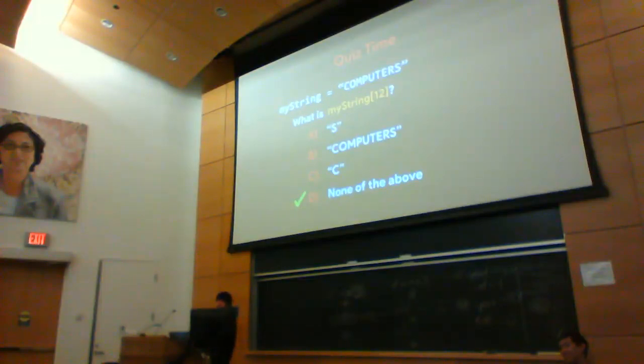Because computers has range up to 10. So if you index at something past the actual length of it, then you're going to get an error.